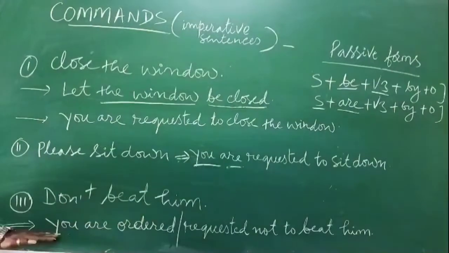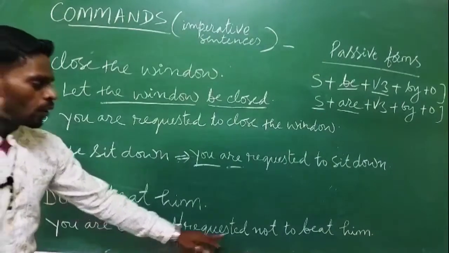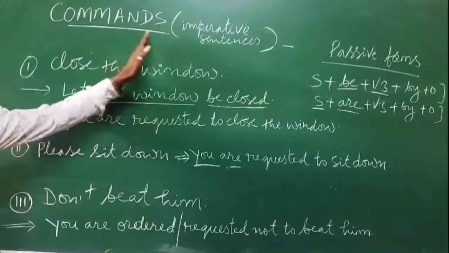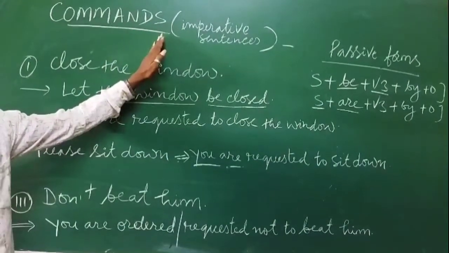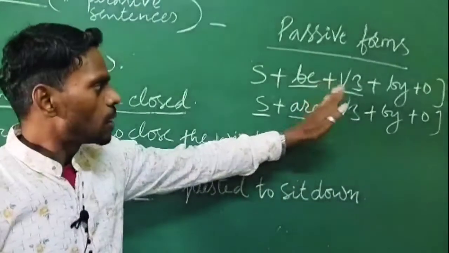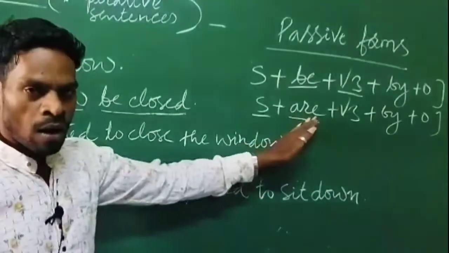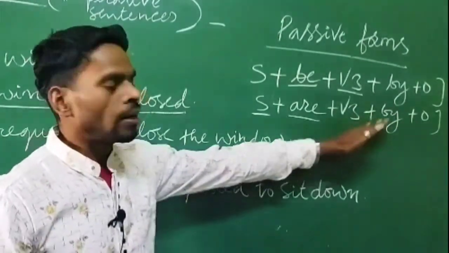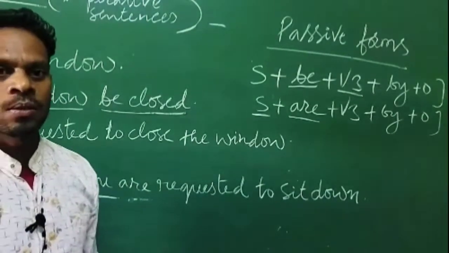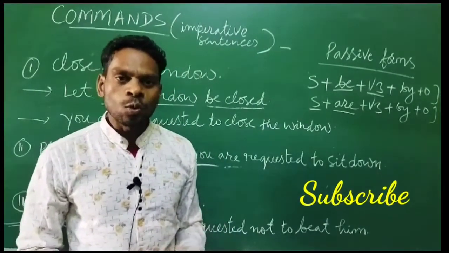It will be, you are ordered or requested not to beat him. This way you can change imperative sentences into passive voice. So follow this structure: subject, then be plus the third form of the verb, or you can follow subject, then helping verb are, then the third form of the verb, and the rest as you change from active to passive voice. Hope it is clear how you can change imperative sentences into passive voice.